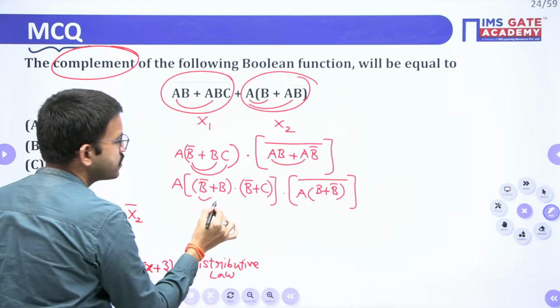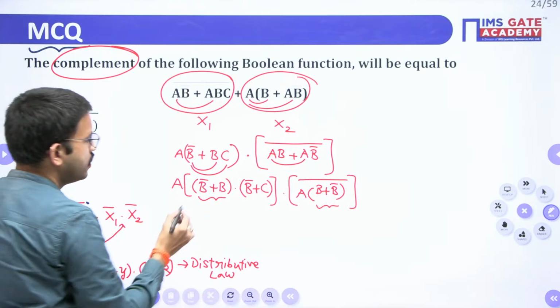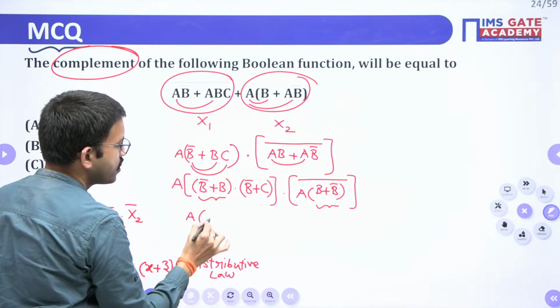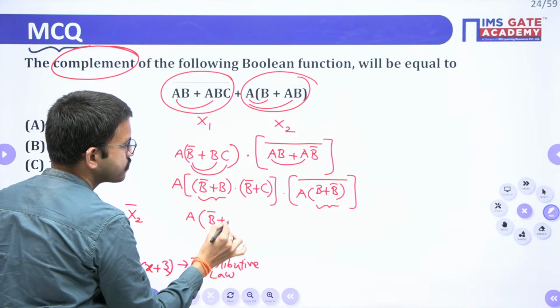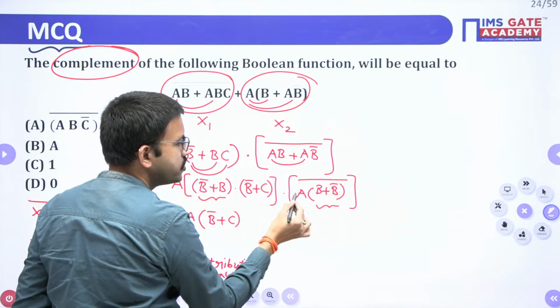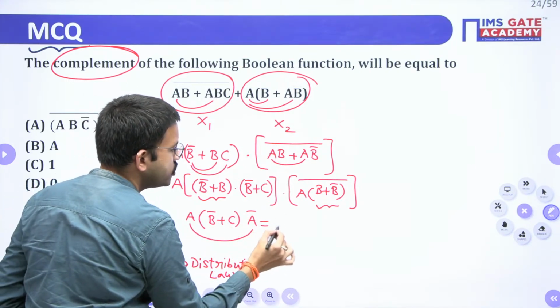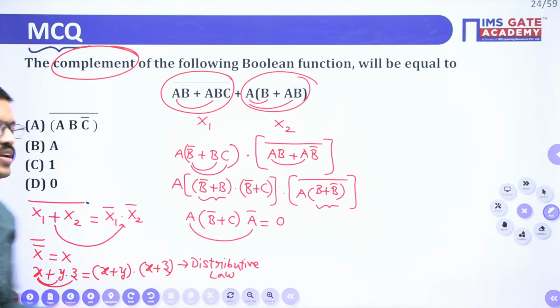Here B bar plus B equal to 1, here also B plus B bar equal to 1. Next, here B plus B bar is 1, 1 into A is A bar you are getting. A into A bar is nothing but 0, 0 into anything is 0, right? So that means option D is the correct answer.